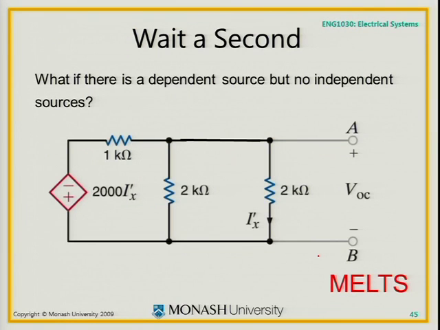All right, now there's trouble. What if there is a dependent source, but there are no independent sources? What are you going to do? How do you find the R Thevenin in this case? What would you do?